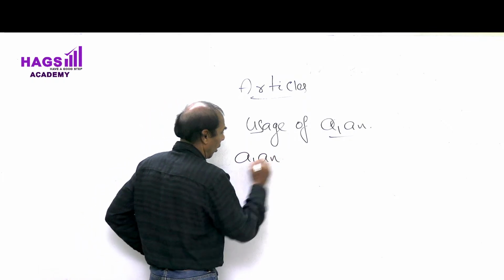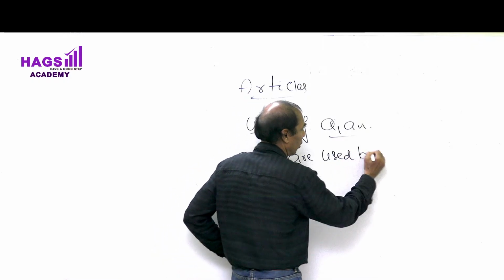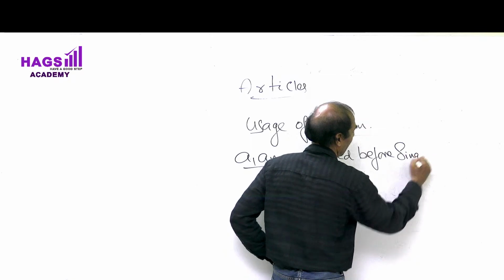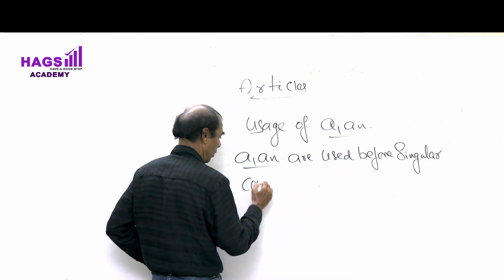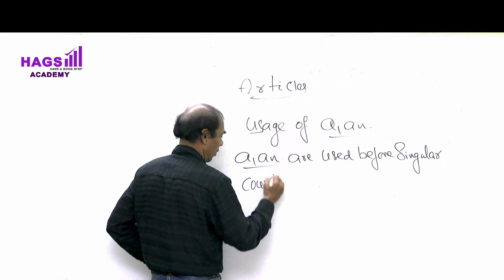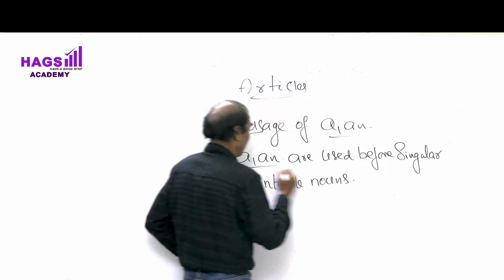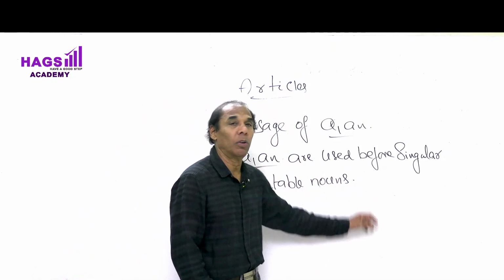A and an are used before singular countable nouns.